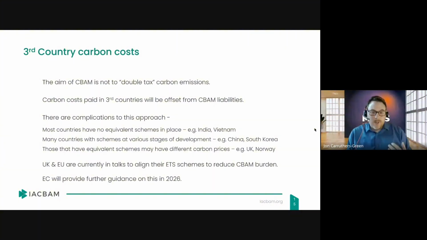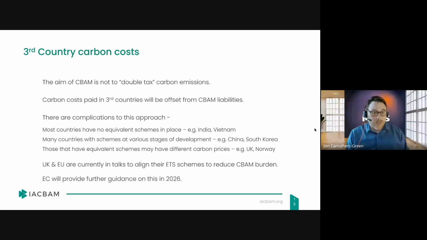Once again, as with everything with CBAM, there are a few added complications. Very few countries actually have equivalent carbon cost schemes up and running. So essentially for these countries, if you're importing from these countries, the amount that you'll be taking off is going to be zero.